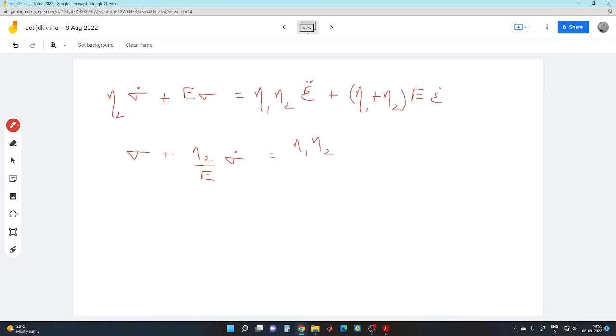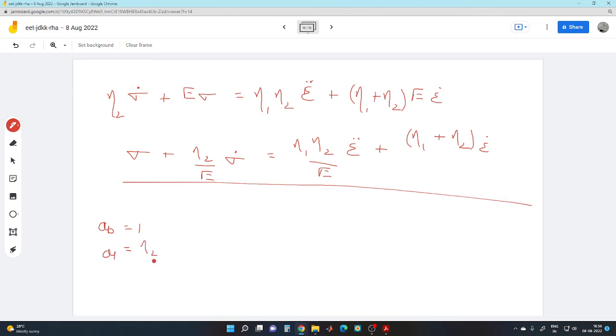Eta 1 eta 2 upon E epsilon double dot plus eta 1 plus eta 2 epsilon dot. So this is the final expression where a naught is equal to 1, a1 is equal to eta 2 upon E, b naught is equal to 0, b1 is equal to eta 1 plus eta 2, b2 is equal to eta 1 eta 2 upon E.